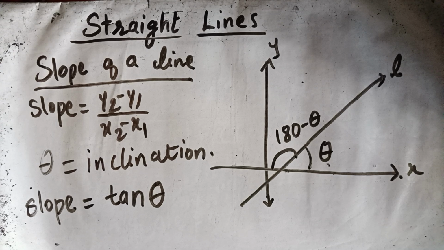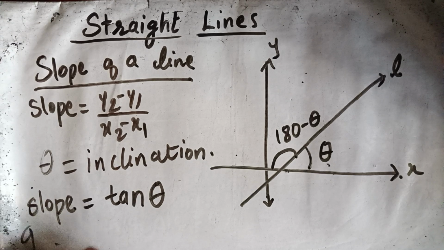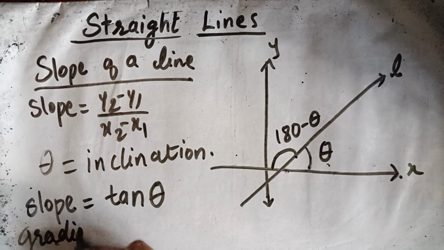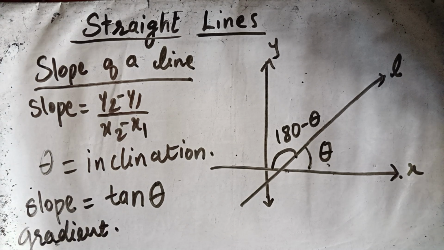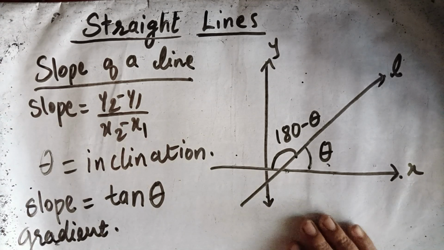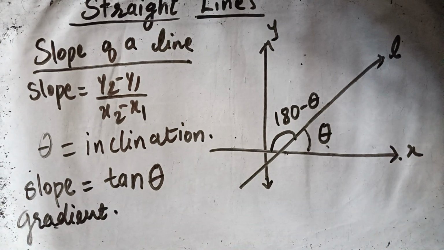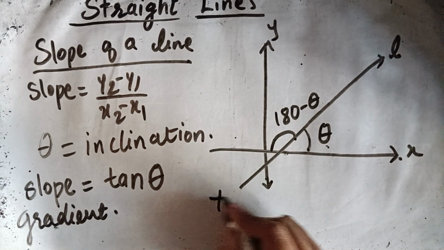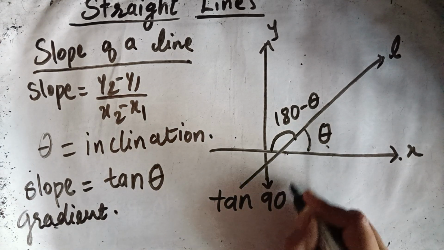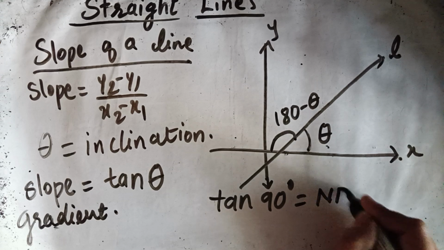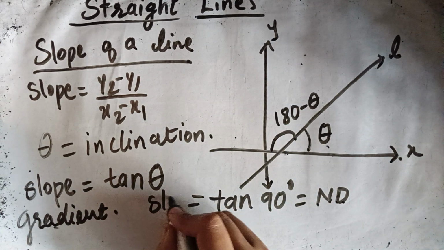This is called the slope, or we write it as the gradient of L. Now there are certain angles, for example 90 degrees. What is tan of 90? Tan of 90 is not defined, right? So the slope is not defined here.